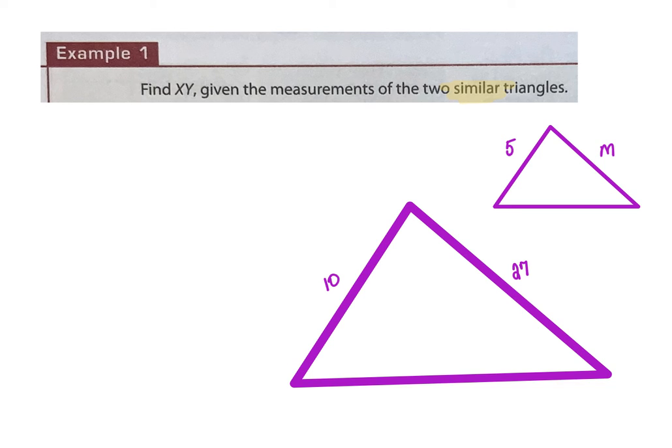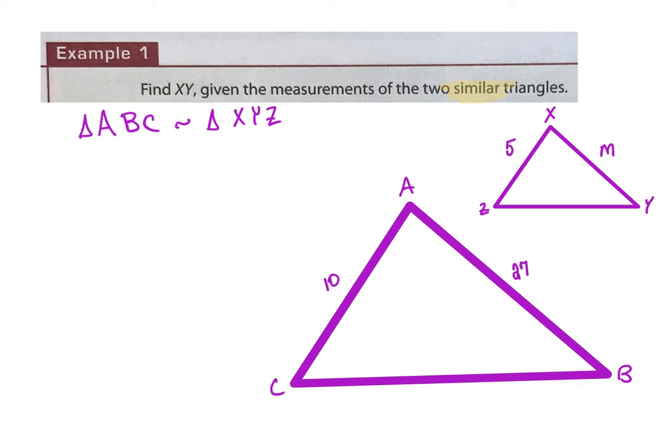So they've labeled this first one A, B, and C. And they've labeled the second one X, Y, and Z. And so they've told us that they're similar. So we're going to say triangle ABC is similar to triangle XYZ. All right?